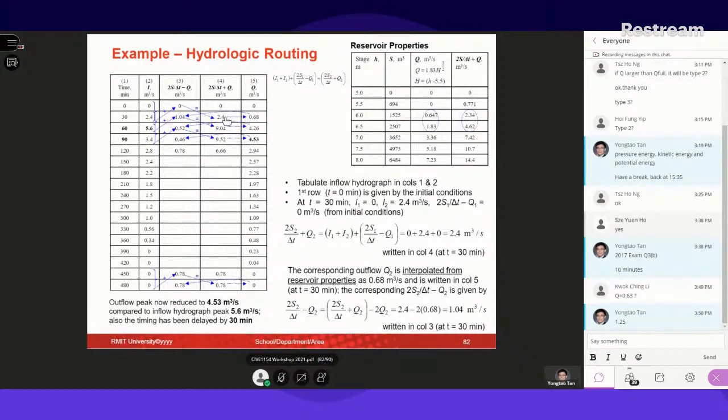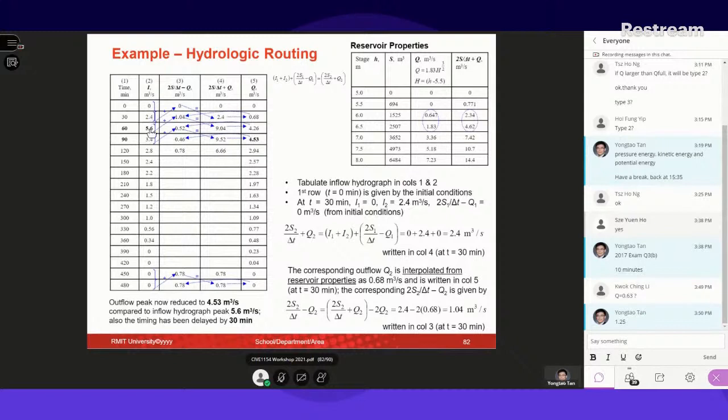So that means 2.4 minus 2 times 0.68, so we can get 1.04. So from here we can get this one, 1.04. Okay, then repeat the process.